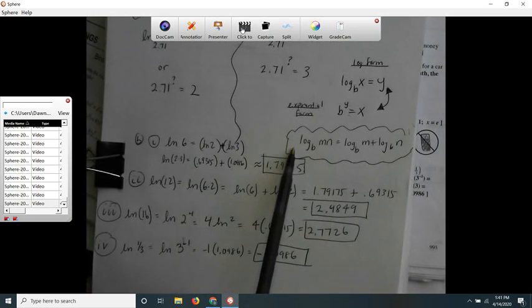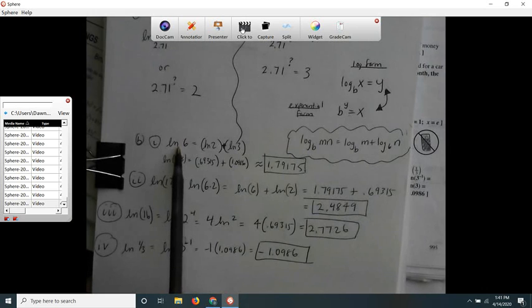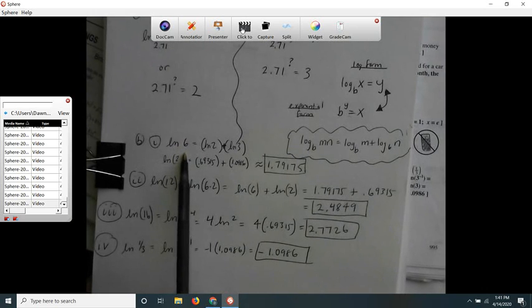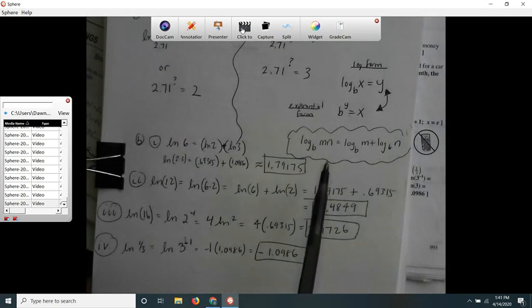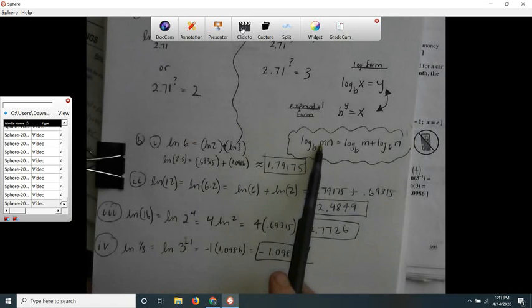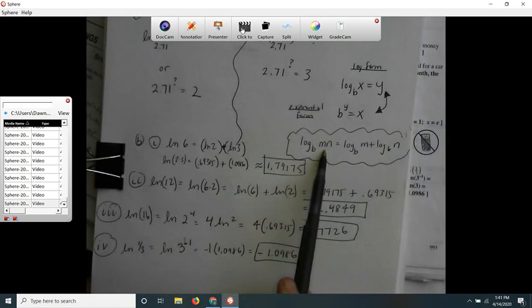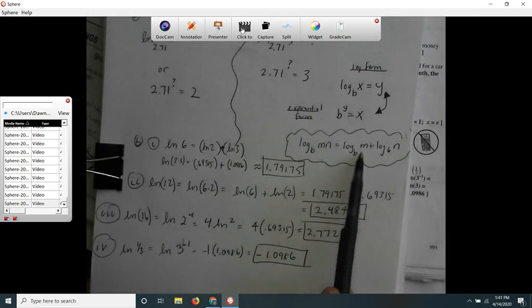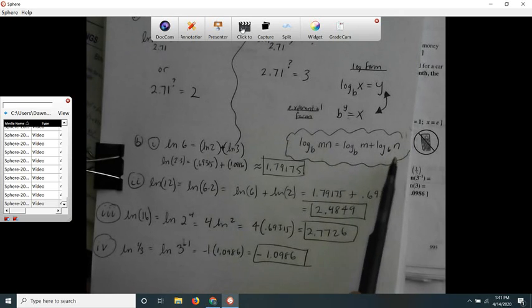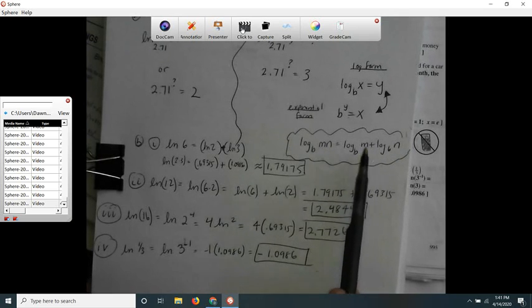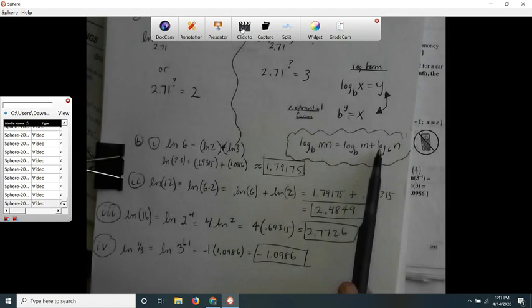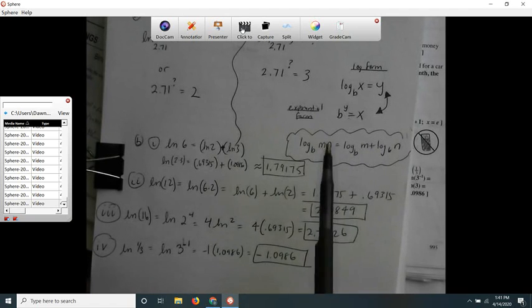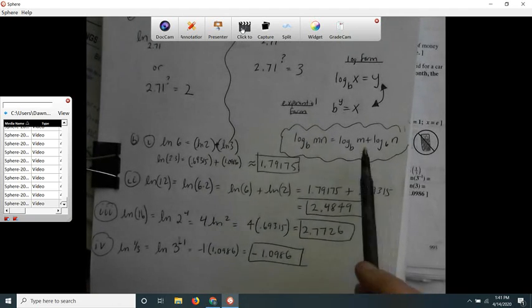So this is base e, remember. If I have something times something else, this argument is something times something, they're factors, then I can split it up into 2 different logarithms added together. So remember, the multiplying gives you the added logs, and the dividing gives you the subtracted logs.